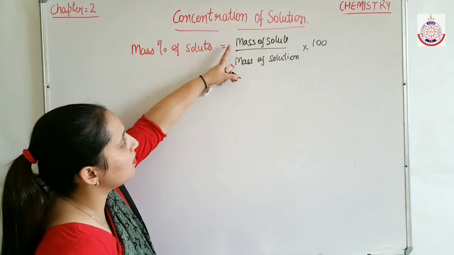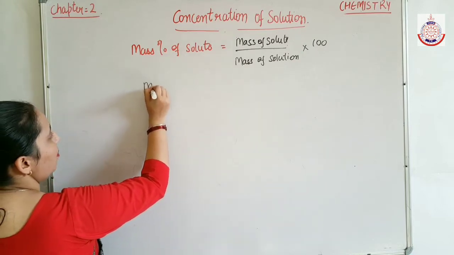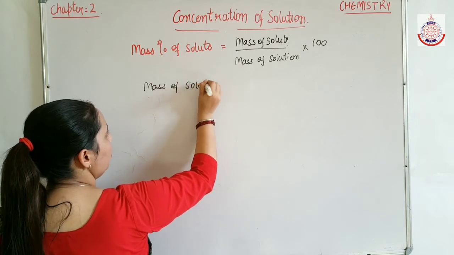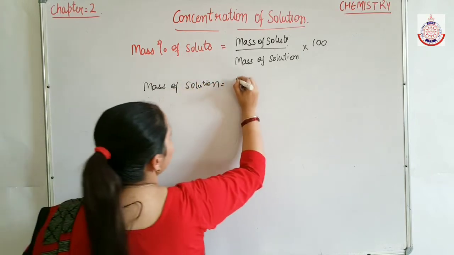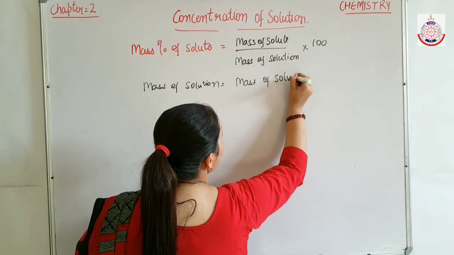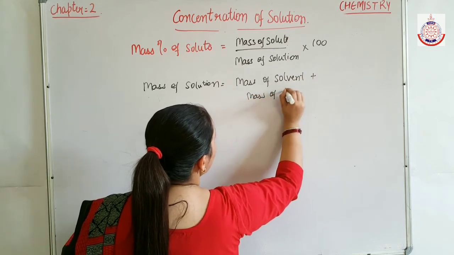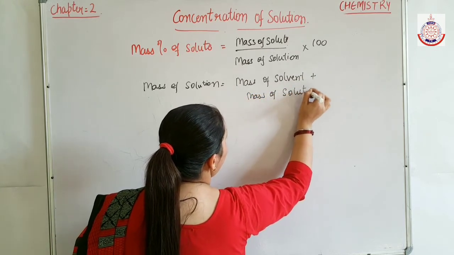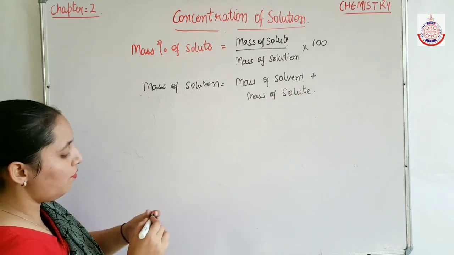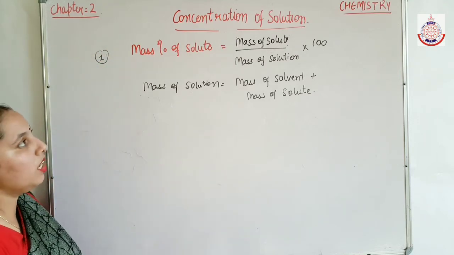Here the mass of the solution is the sum of mass of solvent plus mass of solute. सोल्यूट और सॉल्वेंट के मास को ऐड करेंगे तो हमारे पास क्या आएगा? मास ऑफ सॉल्यूशन. So this is the first way to express concentration.